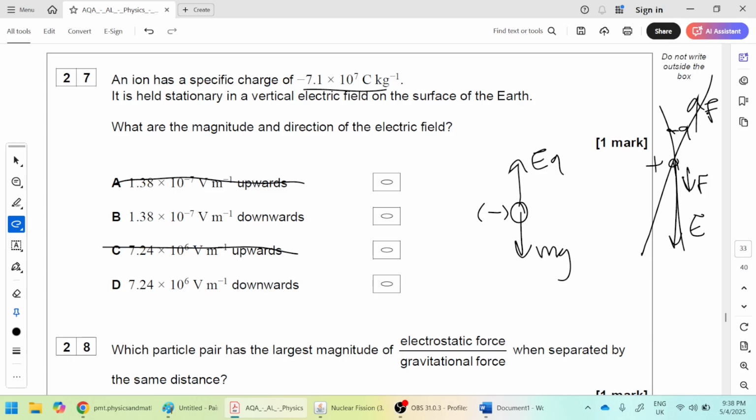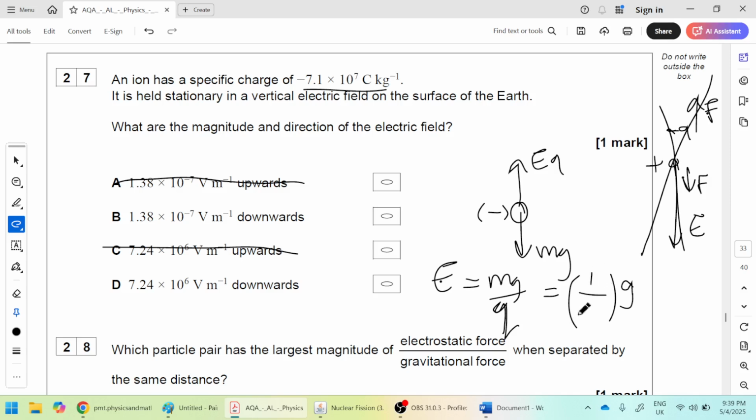Magnitude. We can say EQ is equal to mg. So E is equal to mg over Q. Let me calculate that. Specific charge is Q over m. So this is equal to g times the m over Q ratio.